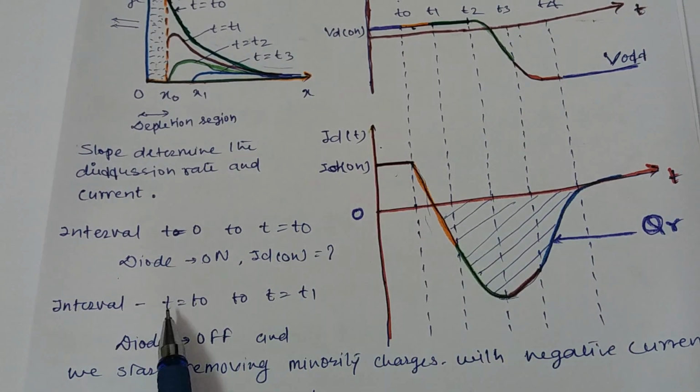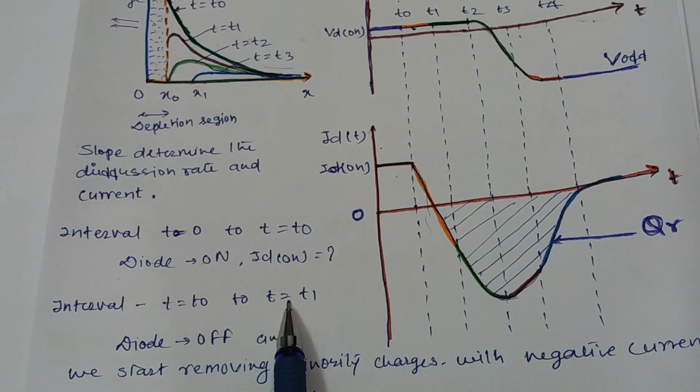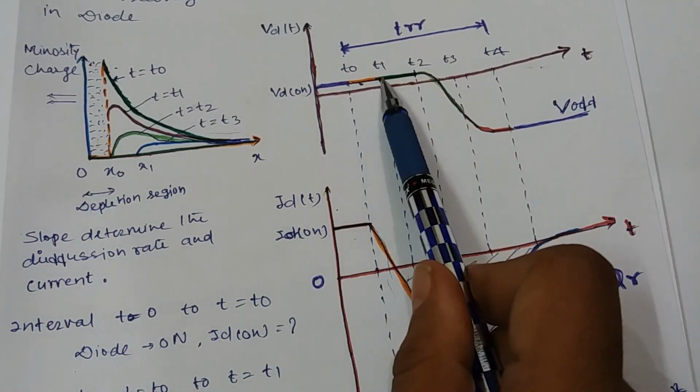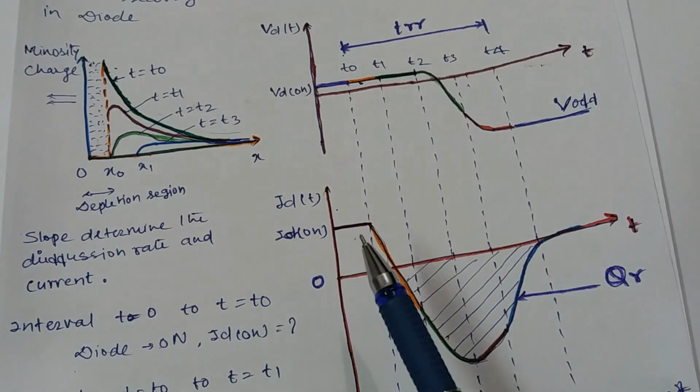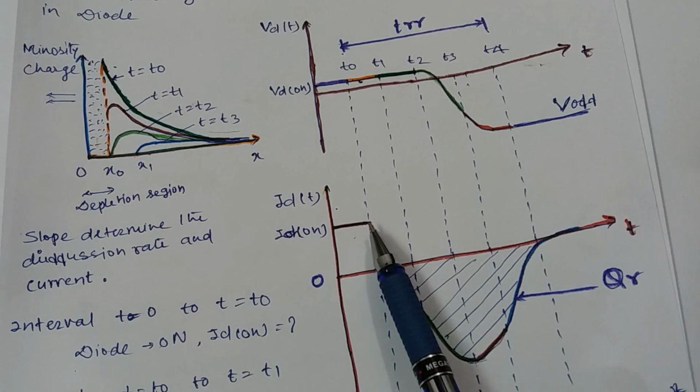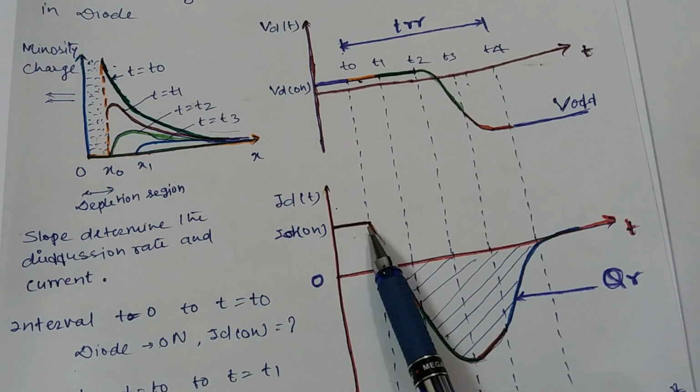During the interval t equals t0 to t equals t1, you have applied the reverse voltage across the PN junction and the diode is in reverse bias condition.